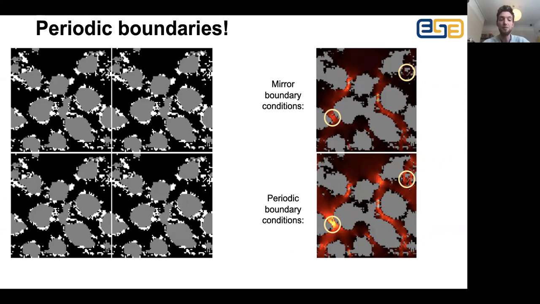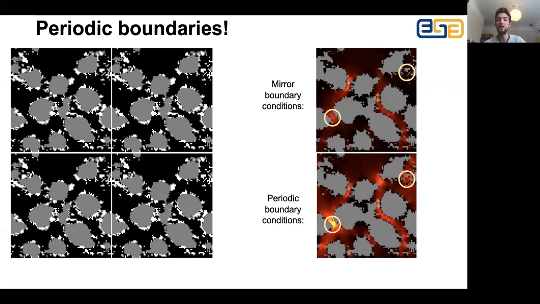And on top of that, it means that we can use much smaller instances, because under normal conditions, we have to worry about how these edges are affecting the behavior that we're seeing, because the edges are obviously a weird, non-realistic feature of our simulation, where we're trying to represent a massive microstructure, but suddenly we have these strange boundaries on the edges.